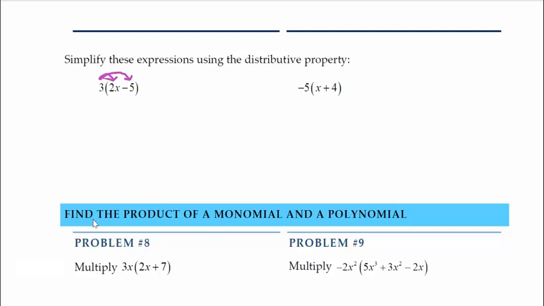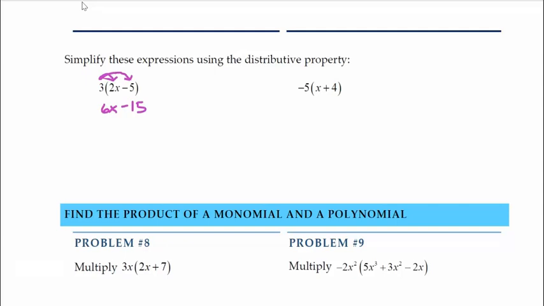Remember, terms are separated by add or subtract signs, so there's 2 terms in this. And this one on the outside just had 1 term I was distributing through. If I do that, I'm multiplying those together, so I get 6x and then minus 15. So 3 times 2x gives me the 6x. 3 times -5 gives me the -15.